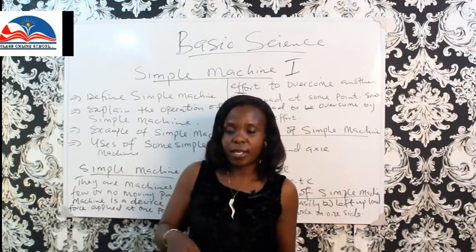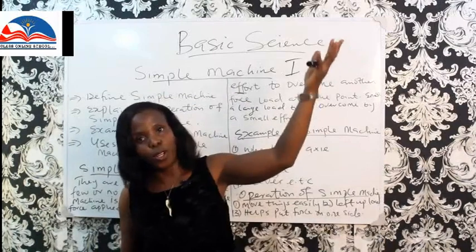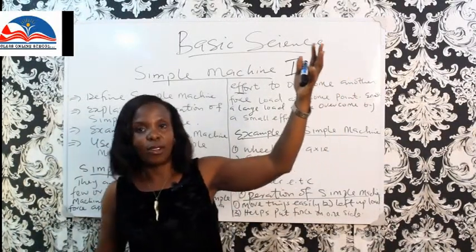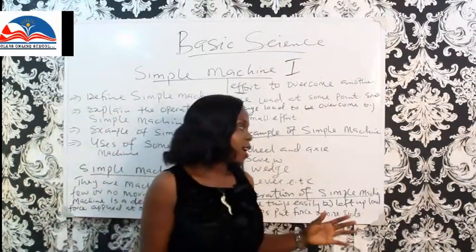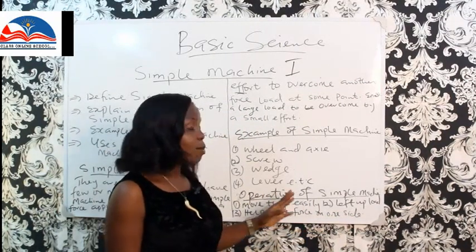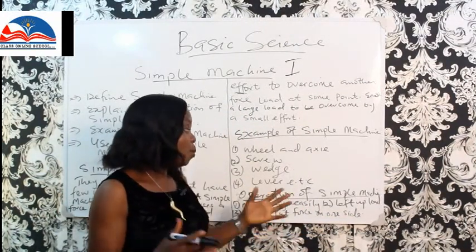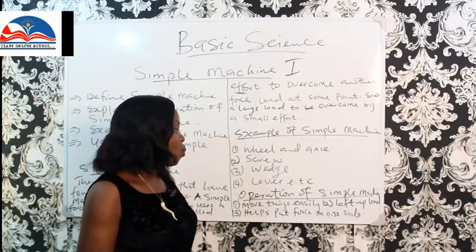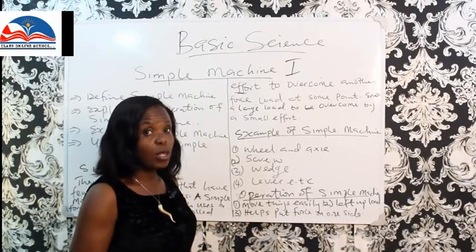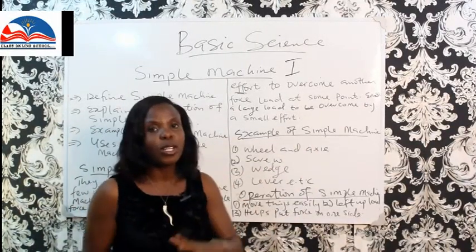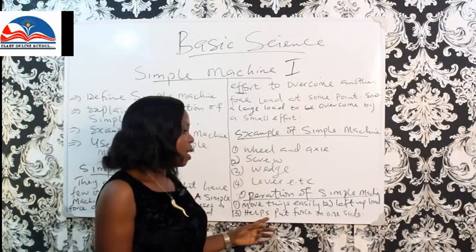If the other person pushes hard, it will pull the other person down on the other side. So these are the operations of a simple machine. It helps us to lift up load easily, and helps us to put force on one side.